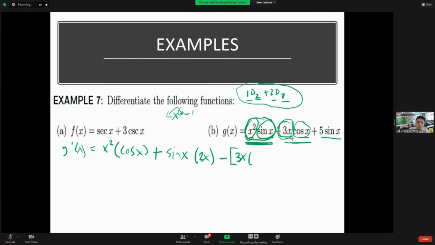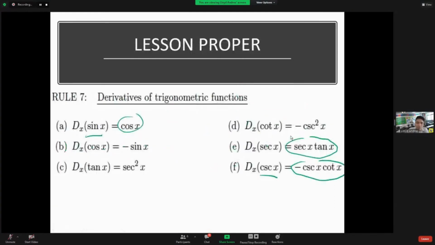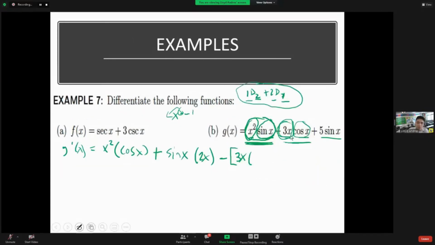The derivative of cosine is negative sine. So negative sine x. First times the second so far, plus the second is cosine x times the derivative of 3x. Since there is no variable under the number, we remove x, so 3 is left.